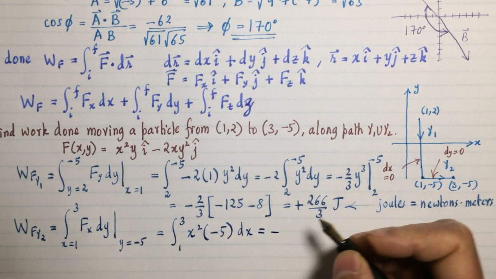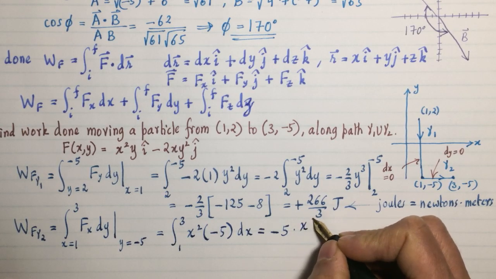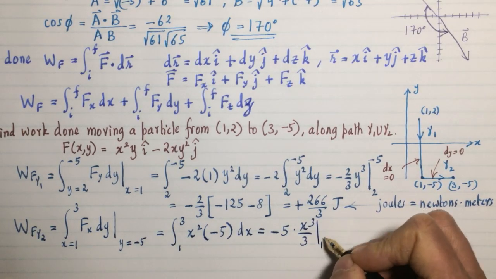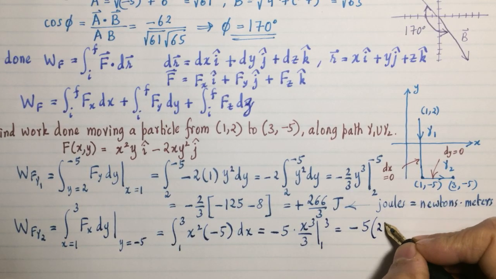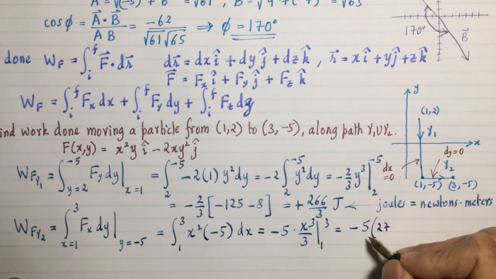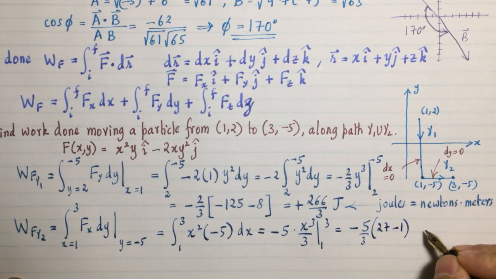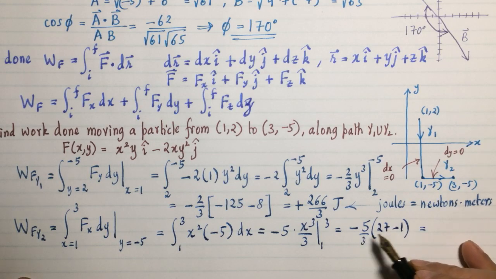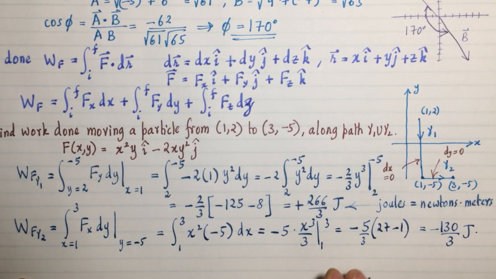I'll pull out the -5 outside. Integral of x squared is x cubed over 3 between 1 and 3, so that's negative 5 times (27 minus 1) over 3, which is 26. 26 times 10 is 260, so 26 times 5 is going to be half that, so it's negative 130 divided by 3 joules. This work is negative.